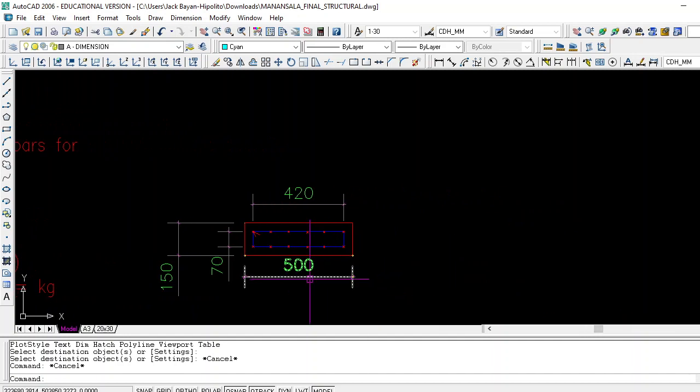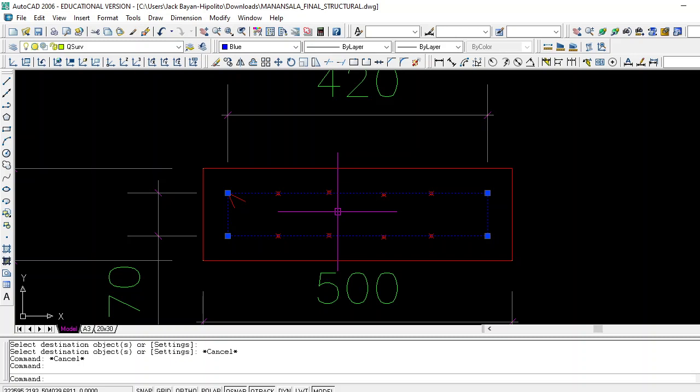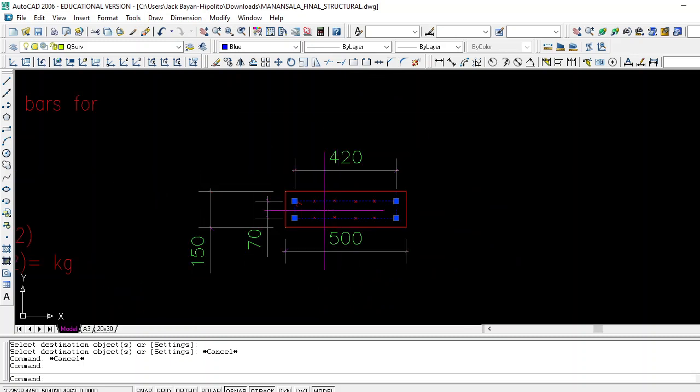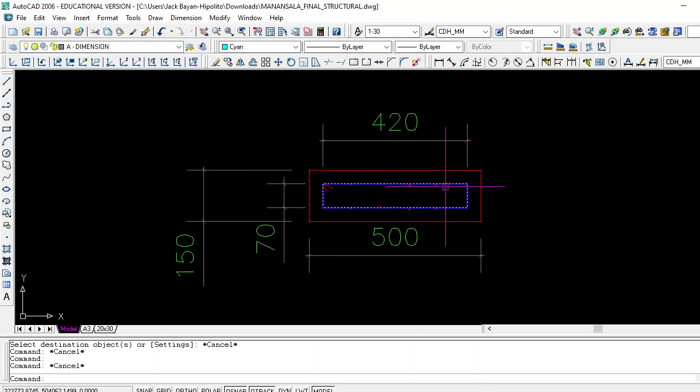Actually, I discussed already to you kung paano gawin yung column, di ba? Yung reinforcement niya, you have to measure your lateral ties. So, ang gagawin nyo is always consider a spacing or a covering which is 40.